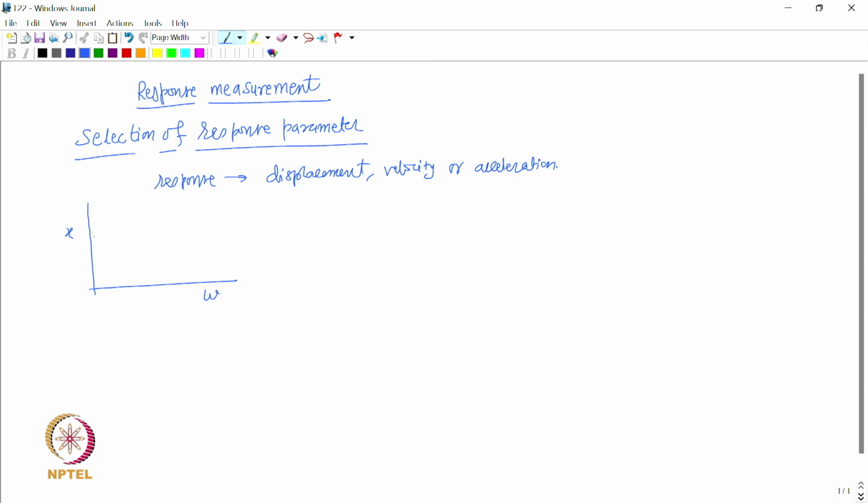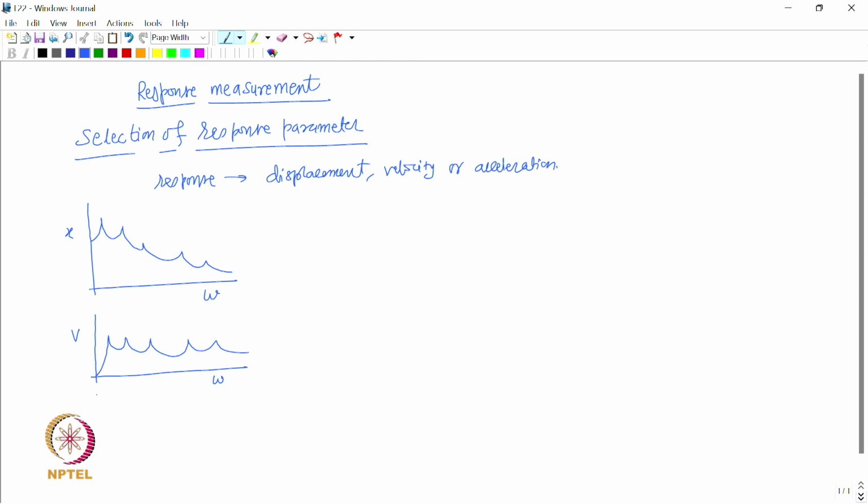So we may have this kind of behavior. If we look at the magnitude of the velocity as a function of omega, it may look something like this, right.